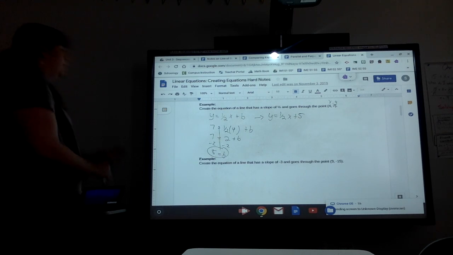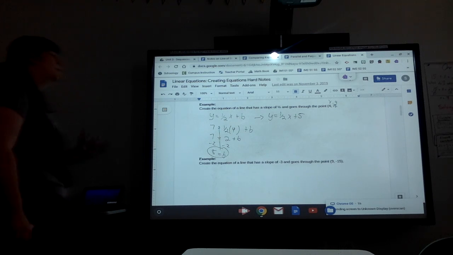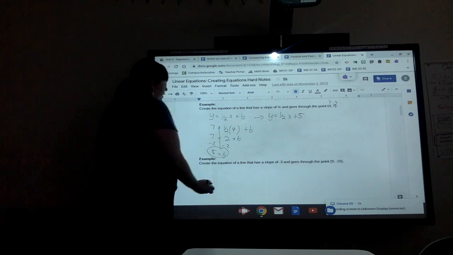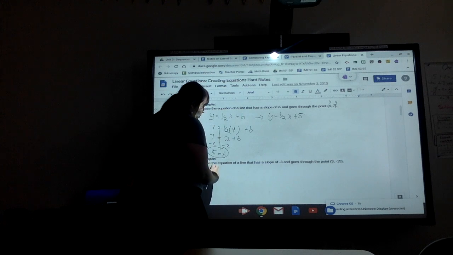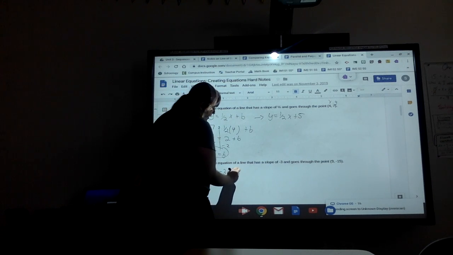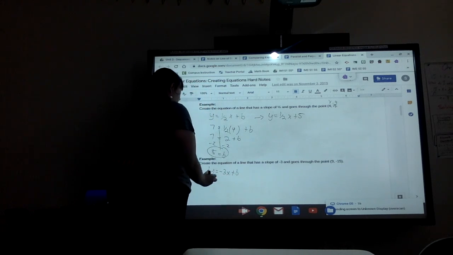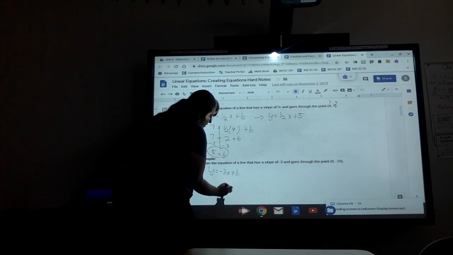This one says create the equation of a line that has a slope of -3 that goes through the point 9, -15. So again, I'm going to just set up what I know. Y equals slope is -3, x plus b. Don't know b. But what I do know is that with my x, if I plug in the 9, because the first number is always the x, it should equal the -15.